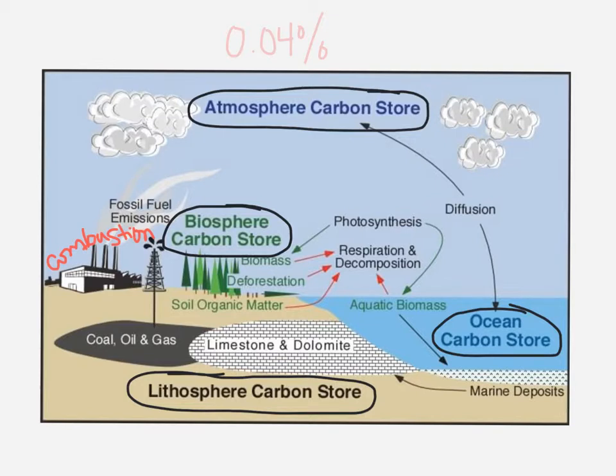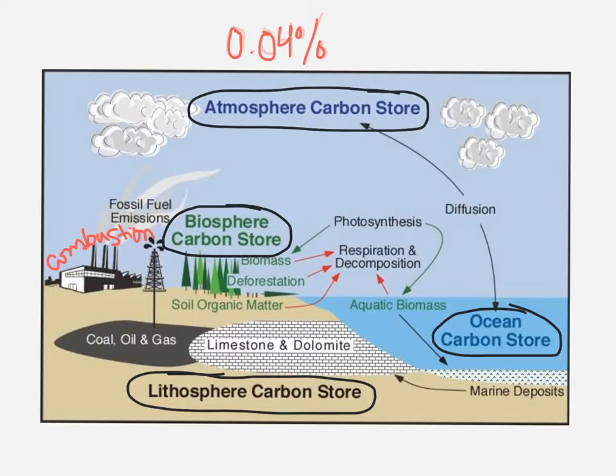Sorry, I'm writing that with a highlighter rather than marker, so let's try that again, which is 0.01% higher than it used to be, which may not sound like much, but carbon dioxide is a greenhouse gas. And this is why we are seeing global warming or climate change, because the Earth's temperature is going up with increased carbon dioxide. And we'll talk more about that very soon.